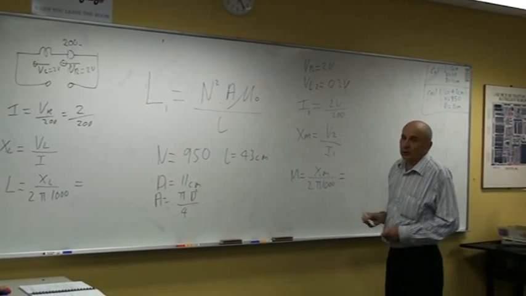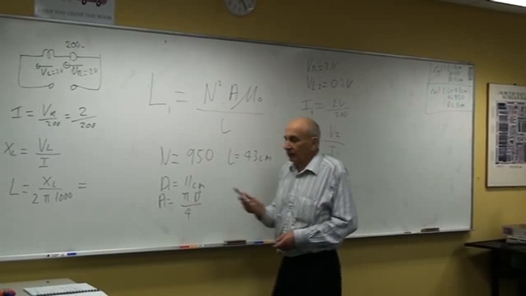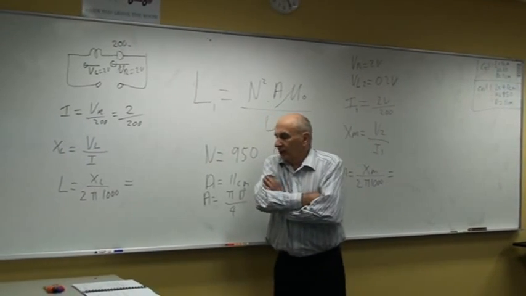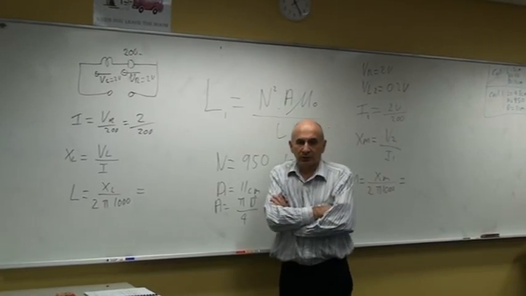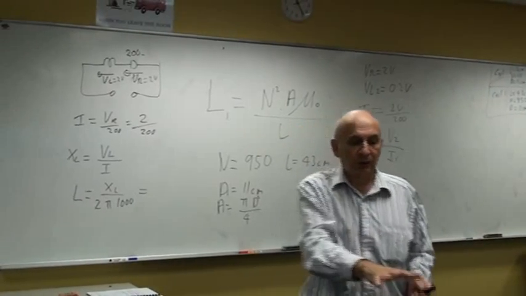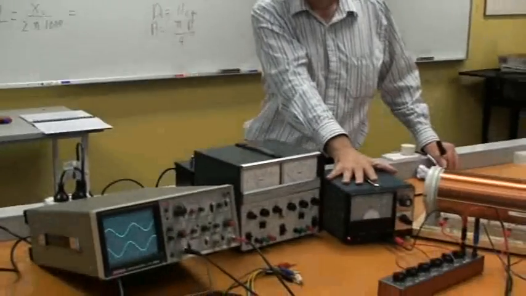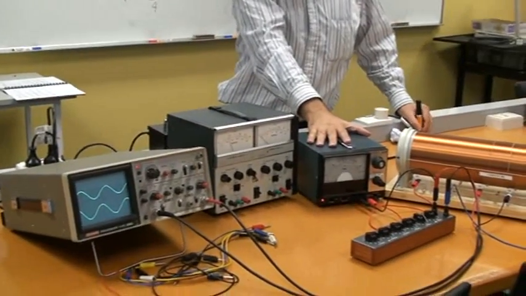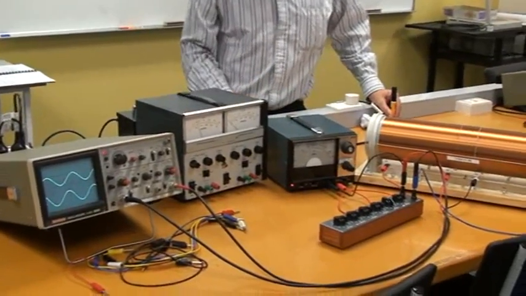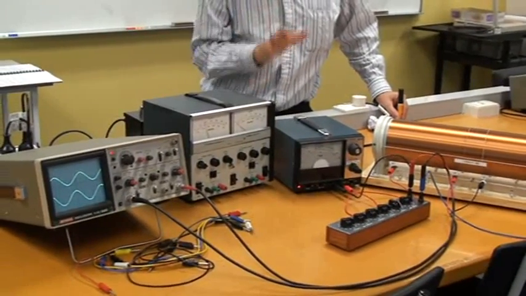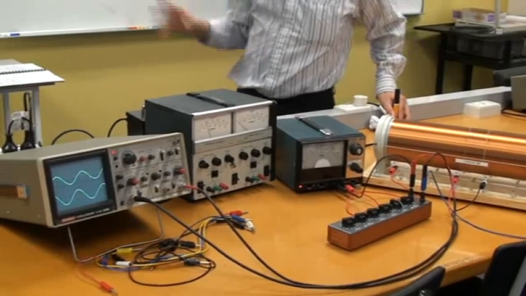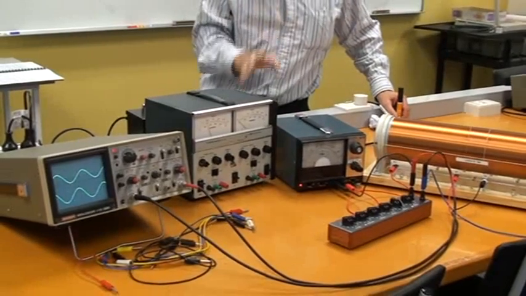Now, there's a couple of other things I want to say. In the lab, what it says is you must repeat this over and over again at higher frequencies. We can do that simply by increasing the frequency of the signal generator. Now, if you do that, what you'll find is that at the low frequencies, 1 kilohertz and 10 kilohertz, you get pretty good results. Everything works fine. But at really high frequencies, it doesn't work.